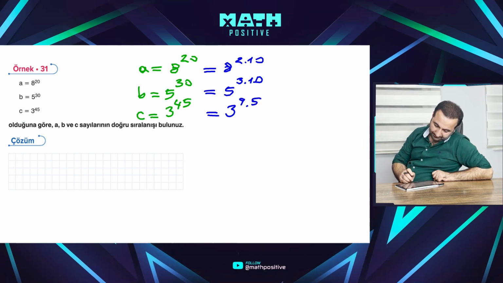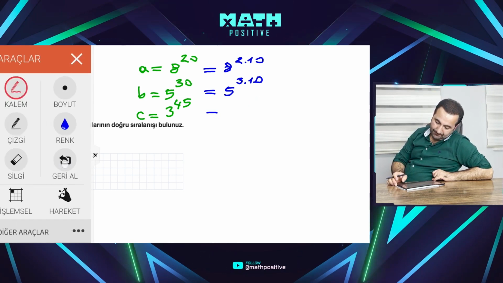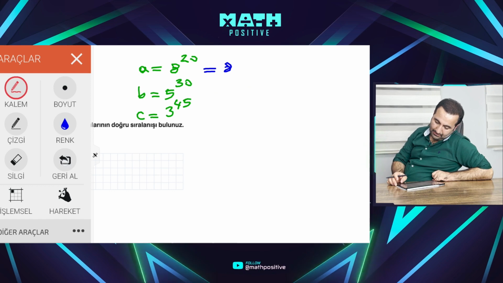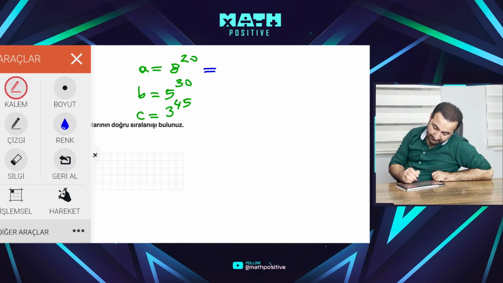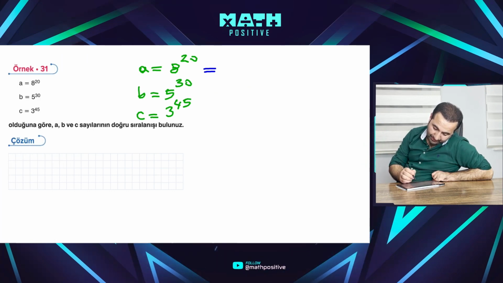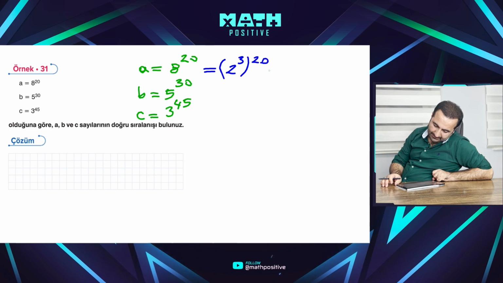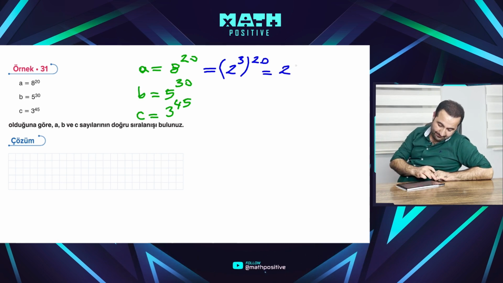And what is C? We can't do that. 3 to the power 9 times 5. This doesn't make sense.